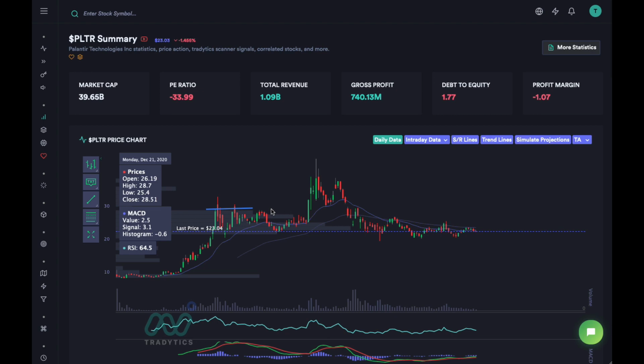So as soon as the price reaches here, a lot of people are going to sell their shares. And since selling accelerates a bearish move and buying accelerates a bullish move, that's how it's all about supply and demand. When a lot of people are going to sell their shares here, the price is going to go down.